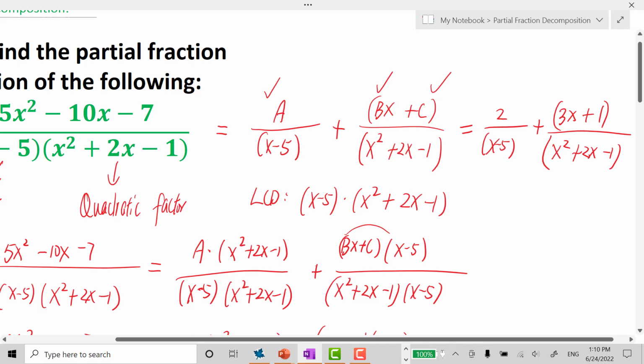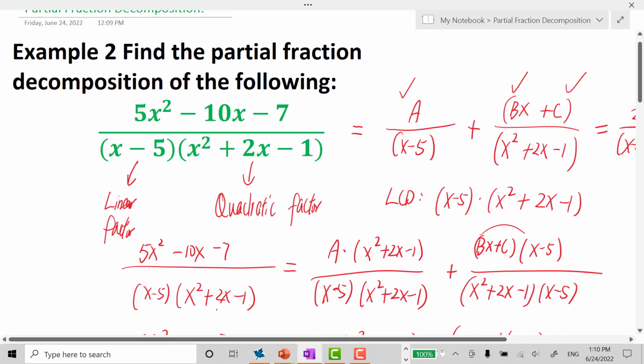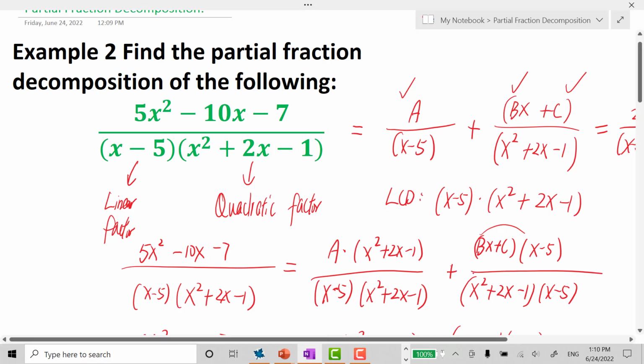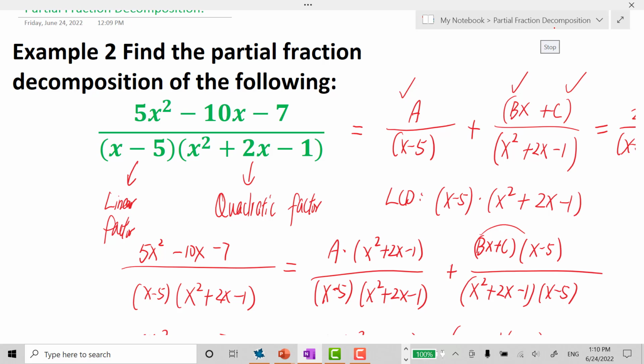So yeah, that's basically how you get to the bottom of this partial fraction decomposition on this particular example. Yeah, that's pretty much everything in this video.